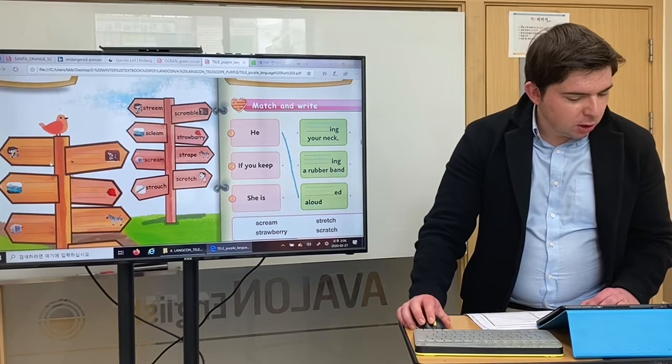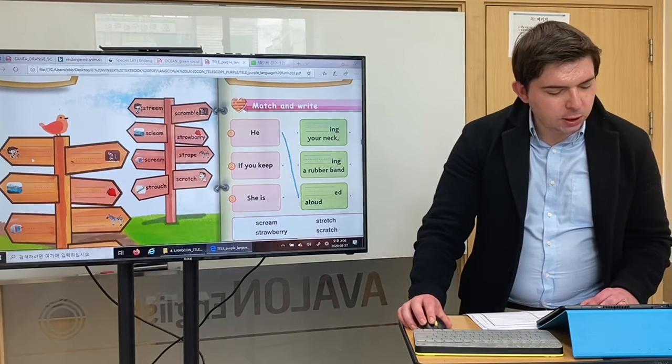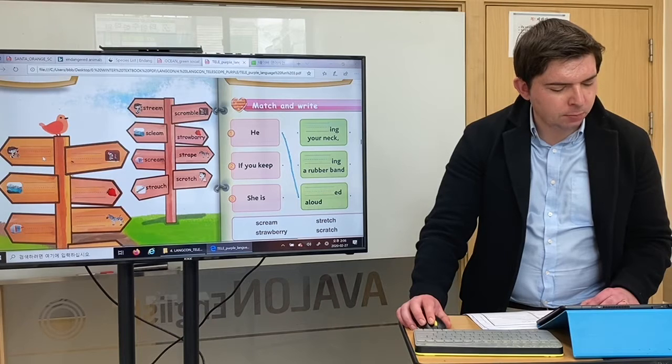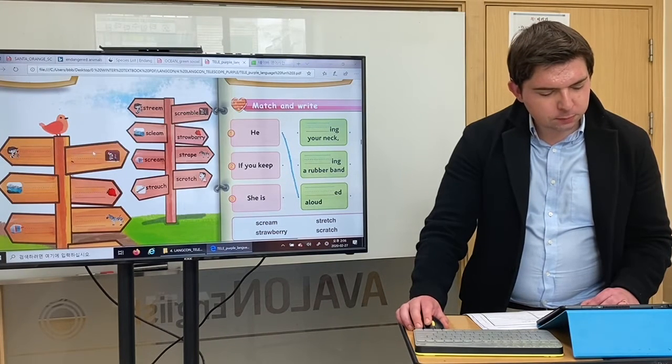So this is the ultimate test here. What is the first word here? Scream. And how do we spell scream correctly? Scream. Very good. On to the next one.